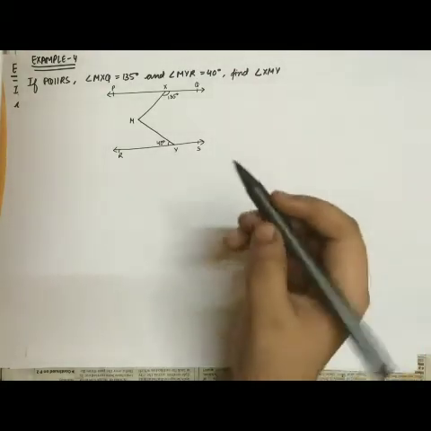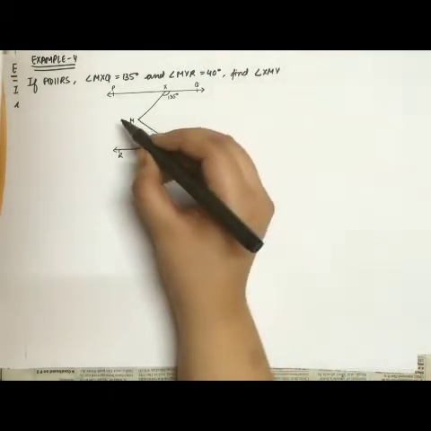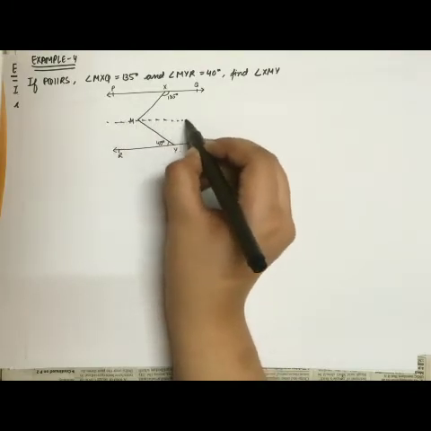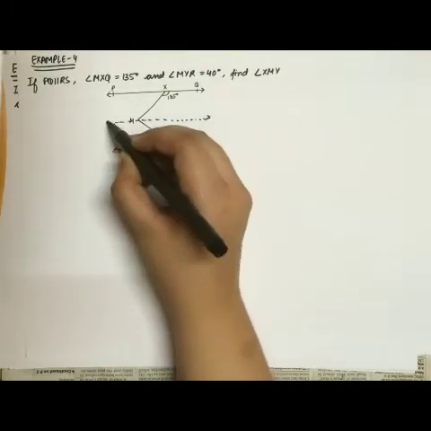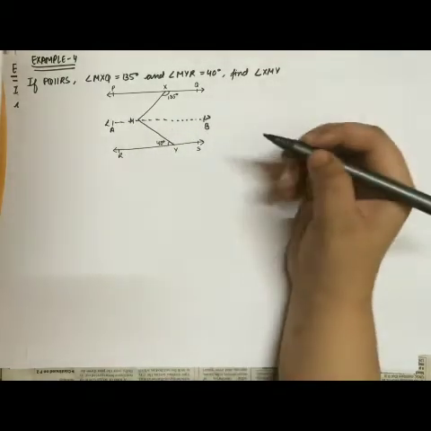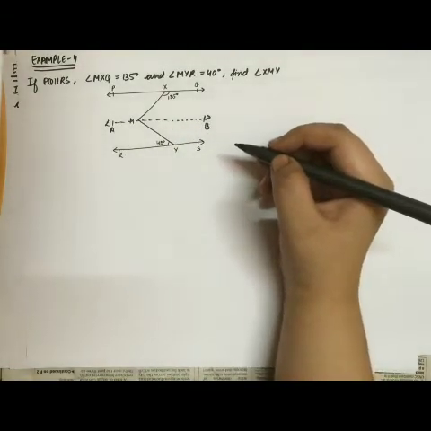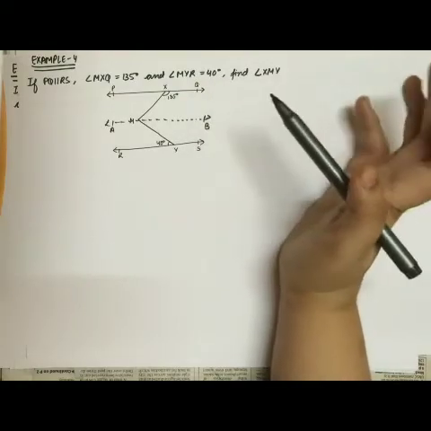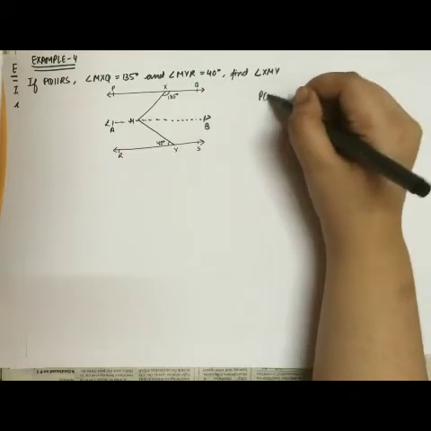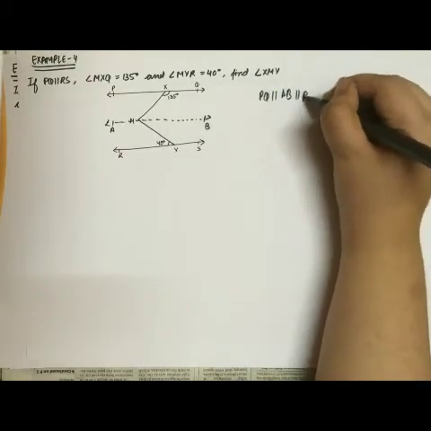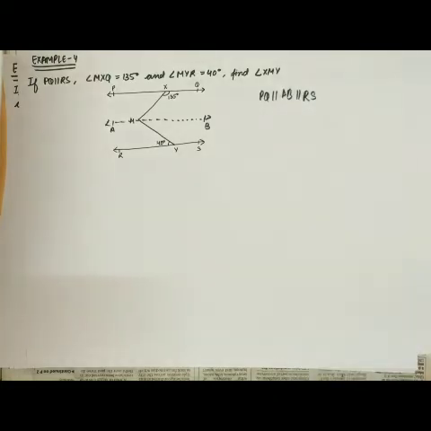So we will draw a parallel line between these two and name it AB. We have done this earlier, that these three lines will be parallel to each other. PQ will be parallel to AB and will be parallel to RS.